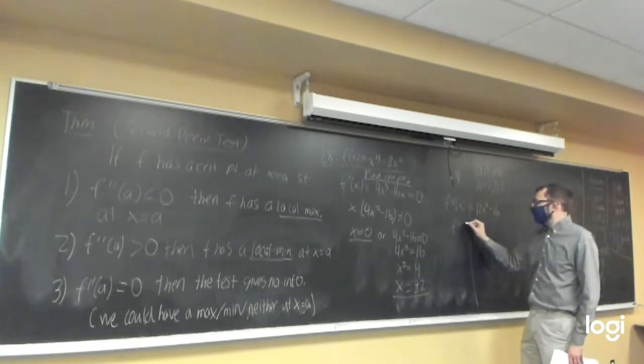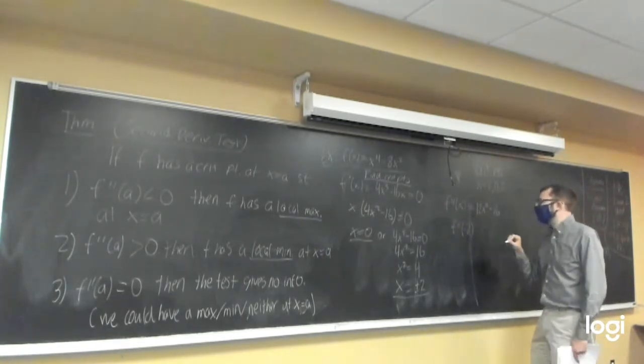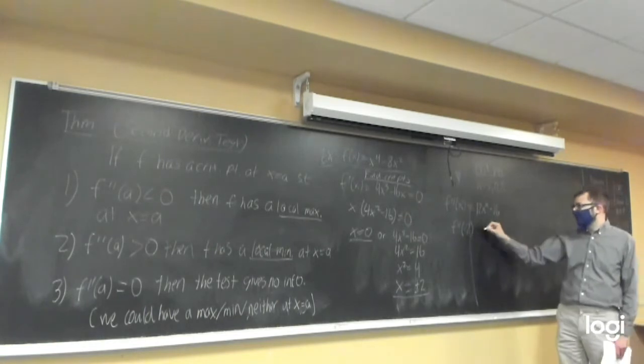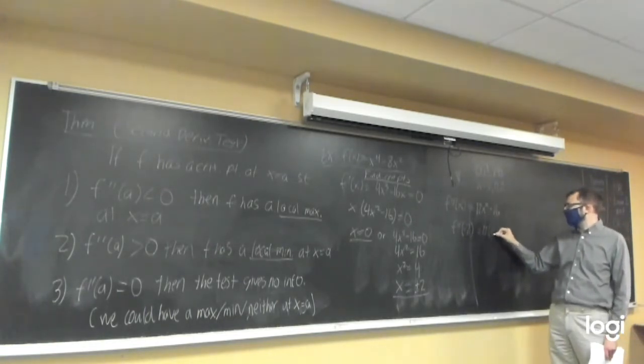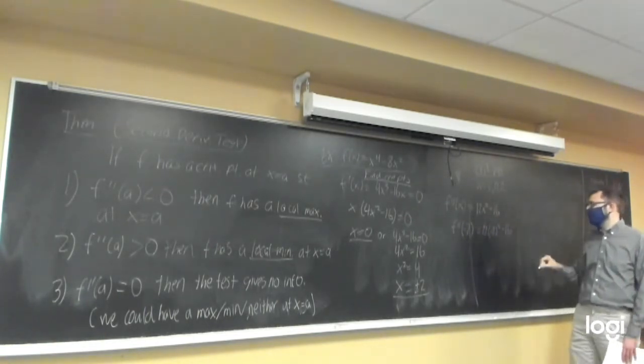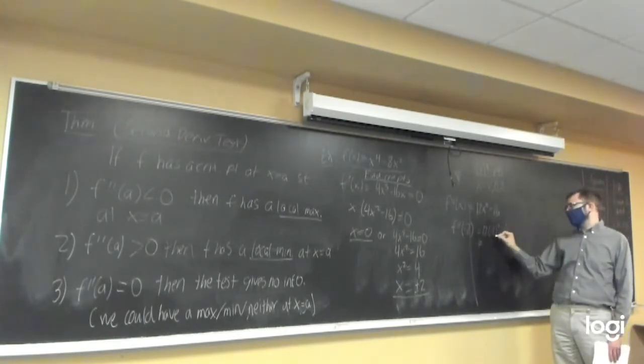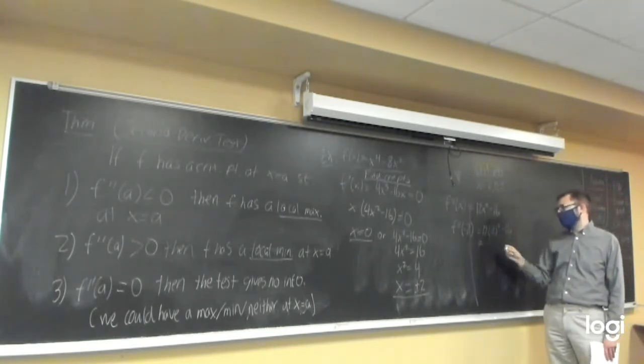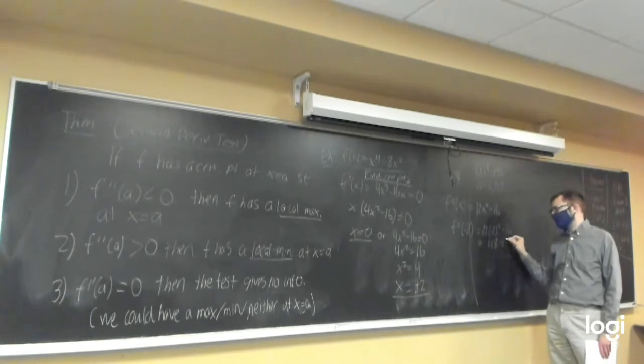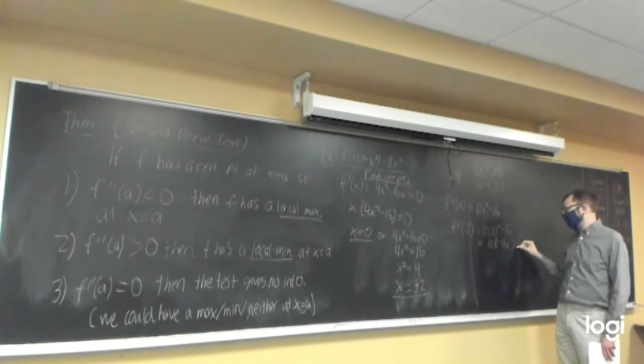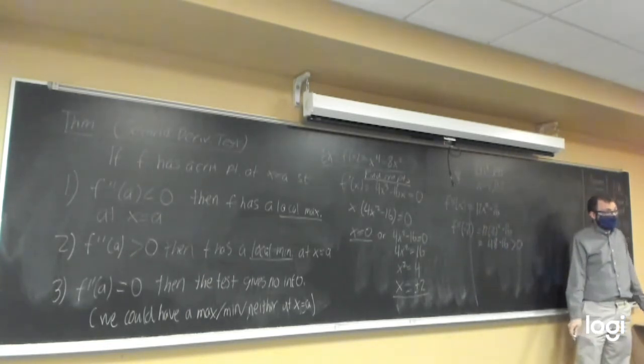We plug in our 3 points. We'll get f double prime of negative 2 is 12 times negative 2 squared minus 16, which is 12 times 4, which is 48, minus 16. Math is hard, but I'm pretty sure that's going to be something positive.